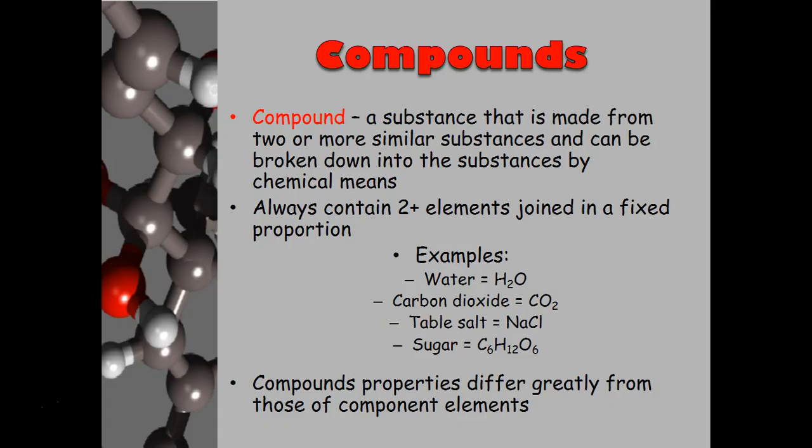Sodium and chlorine in and of themselves are also very reactive, very flammable, and yet we stick them together into this compound called table salt, and we use it to salt our food. So we can't necessarily take the properties of a particular element and predict the properties that will be in those compounds. So just something to keep in the back of your head.